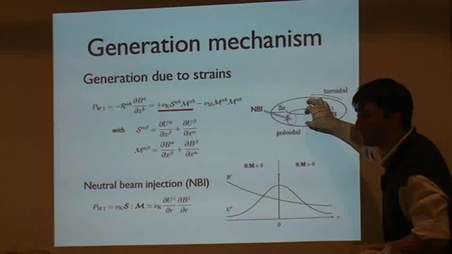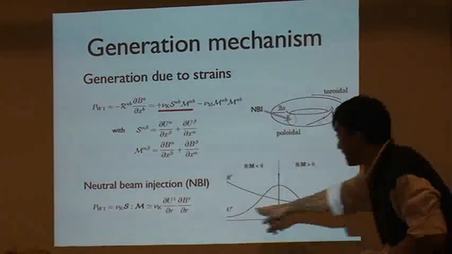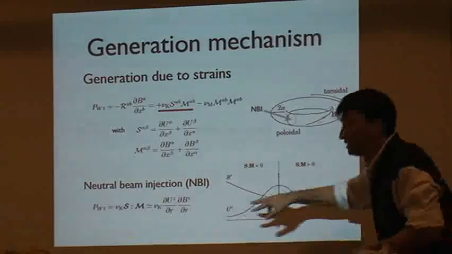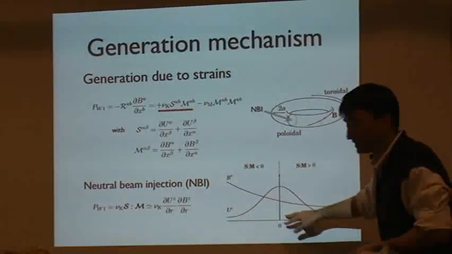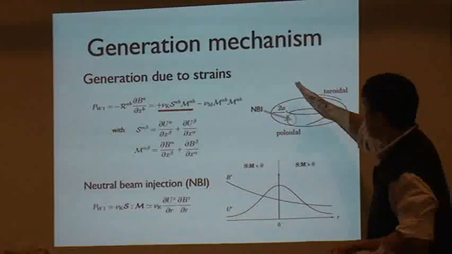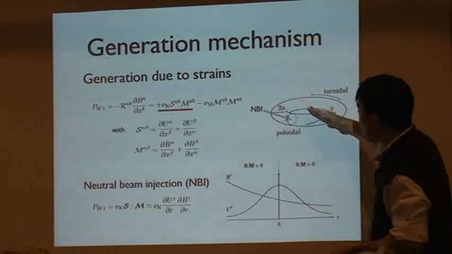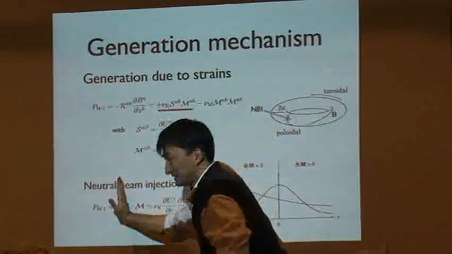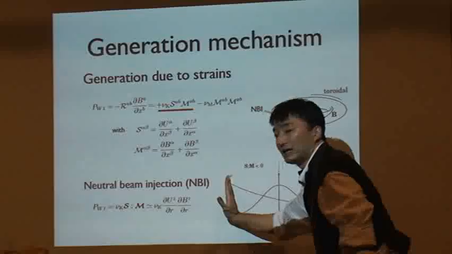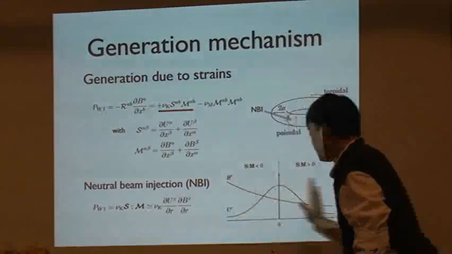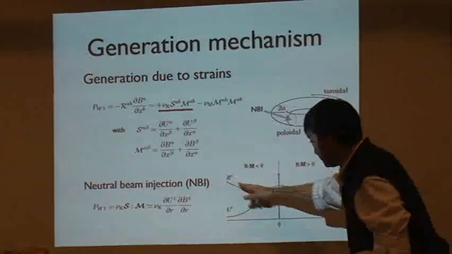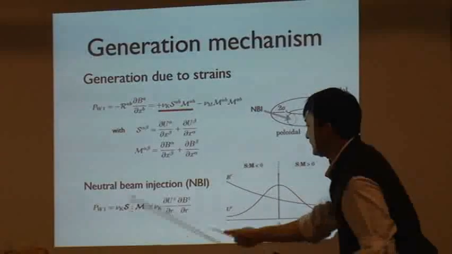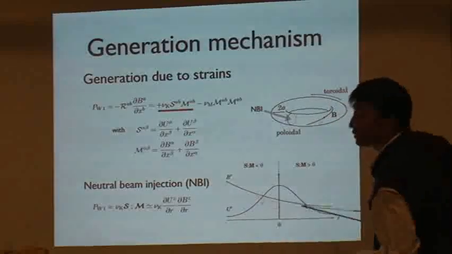If we consider a cylinder, we have this type of profile of momentum due to the injection velocity. Then we have a large-scale toroidal magnetic field. This is the machine center, this is the inner side, and this is the outer side. So we may have some SM here, negative and positive.